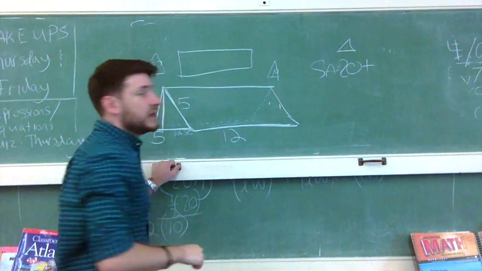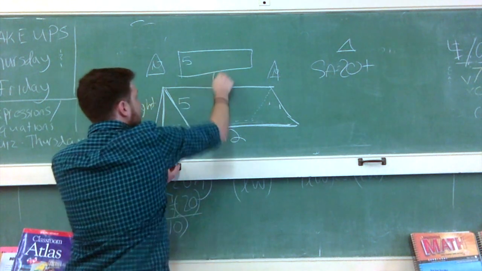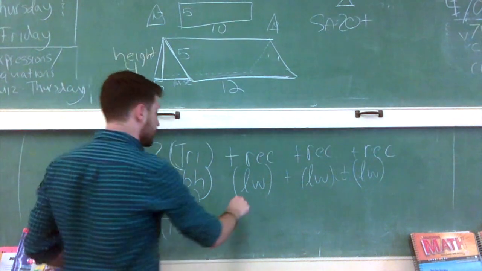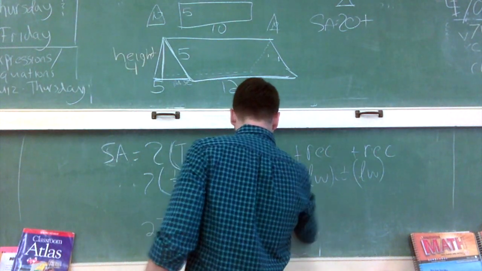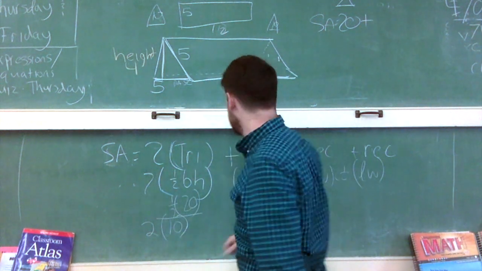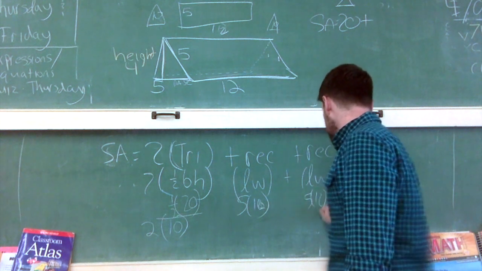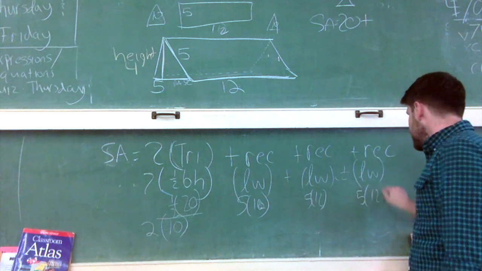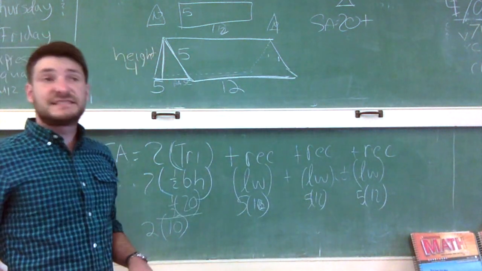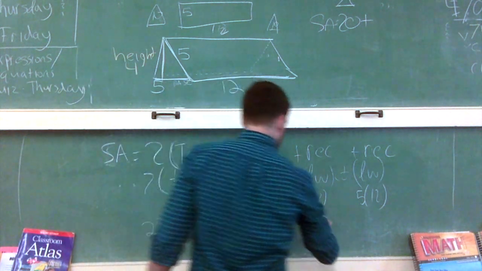Again, we have 3 of these rectangles. Length times width, 5 times 12. Isn't it 12? 12, thank you. Sorry. 5 times 12, and 5 times 12, and 5 times 12. As you know, 5 times 12 is 60. So we have 60, 60, and 60.